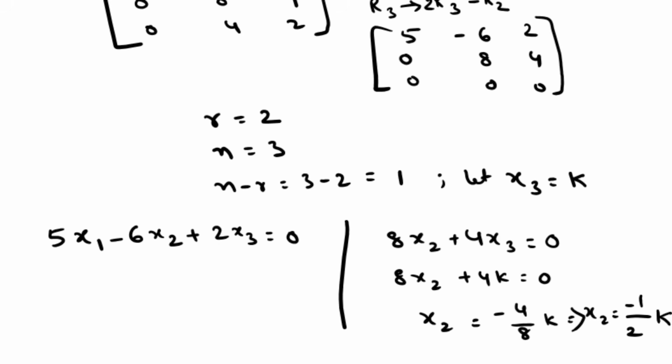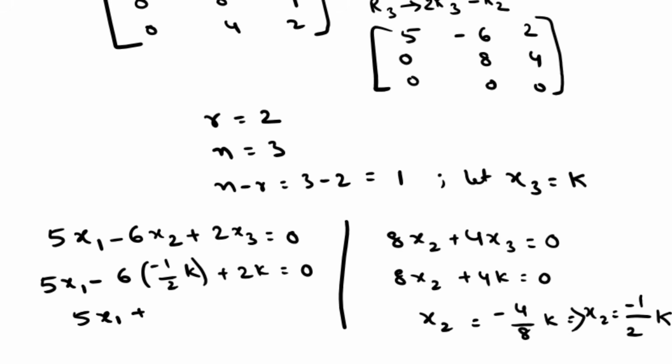Now substituting this value of x2 and x3 in the first equation, we obtain 5x1 minus 6 into minus 1 by 2k plus 2k is equal to 0. This minus 1 will be plus, and 6 by 2 will be 3. Therefore 5x1 plus 3k plus 2k is equal to 0.